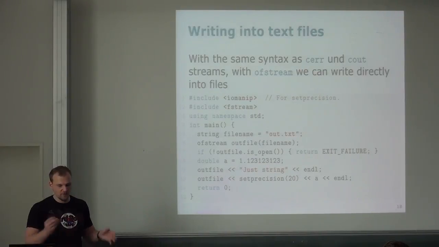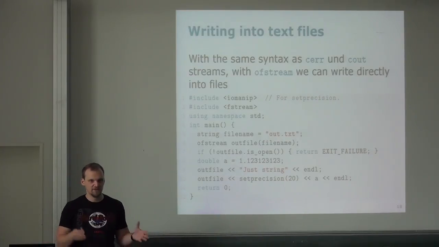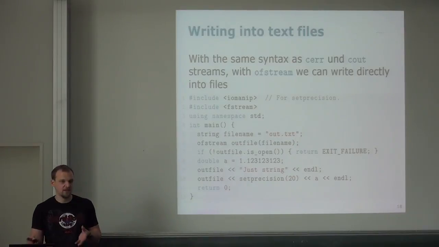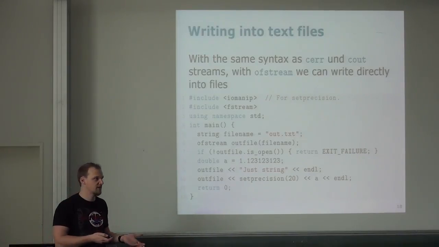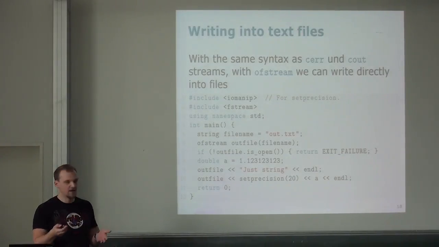Good. So what about writing? Reading, we kind of understood how that works. Writing is even simpler because we don't need any getLine there. We can just write whatever we want into files, exactly as we would with the typical cerr or cout.